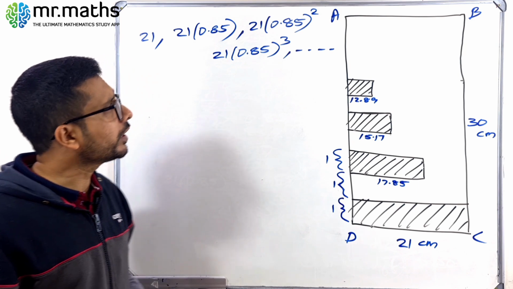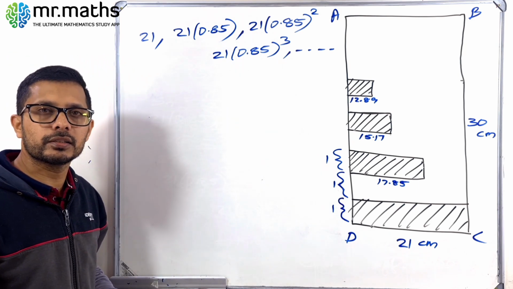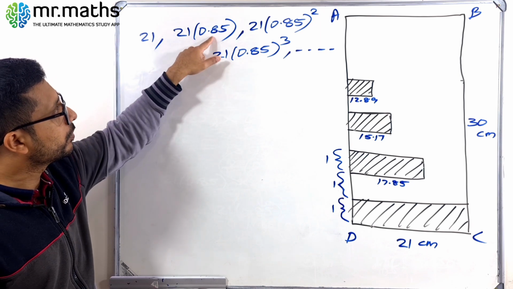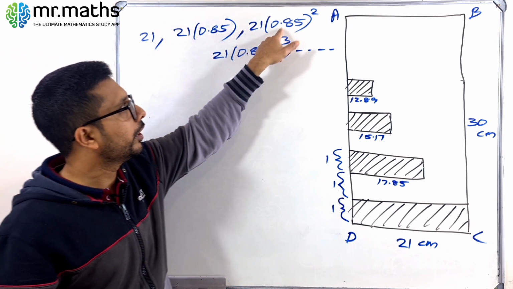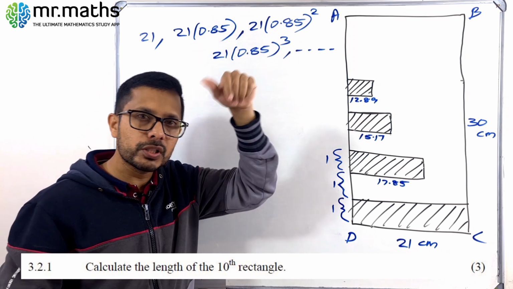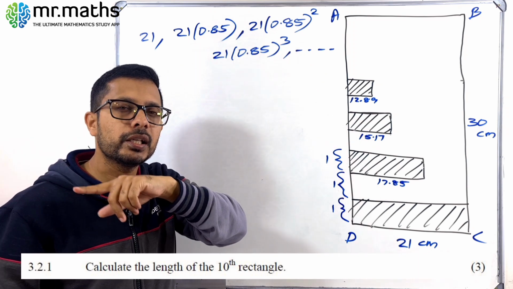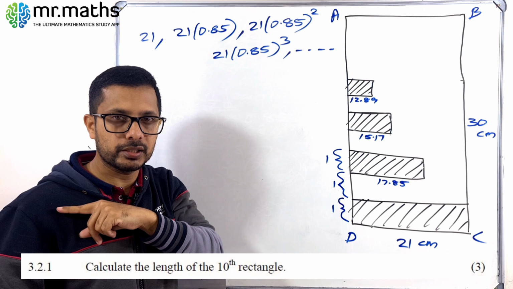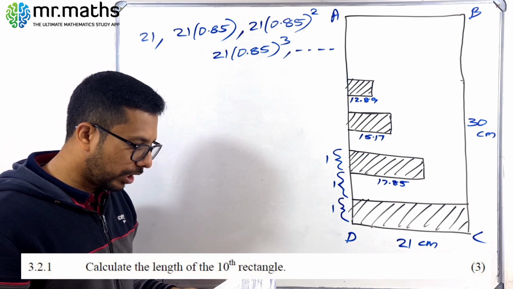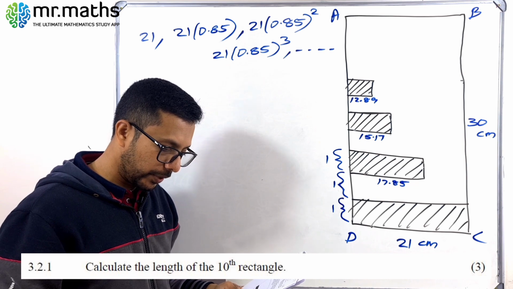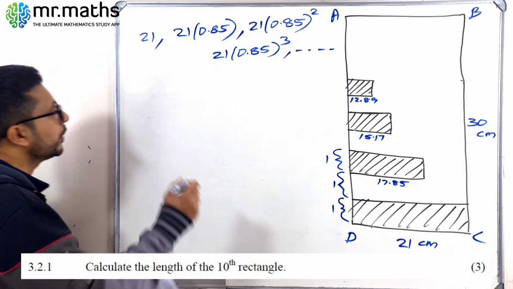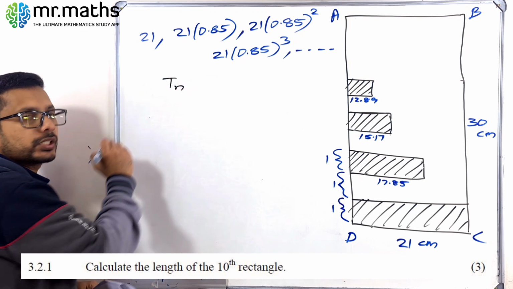So what type of sequence is this? Is it arithmetic or geometric? 21 times 0.85, 0.85 squared, 0.85 cubed. When the exponent is increasing like that, it is a geometric sequence. So in this geometric sequence we have to find the 10th term. What is the formula for the nth term in a geometric sequence?